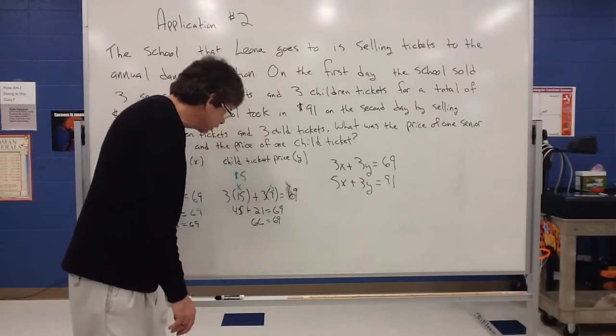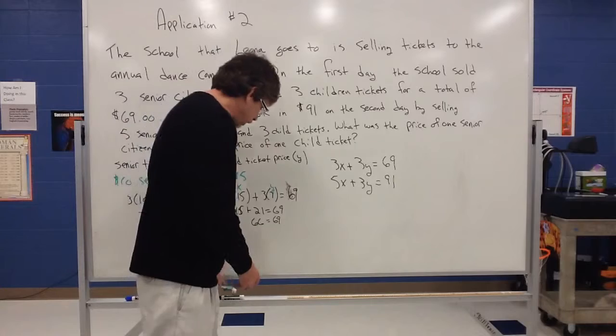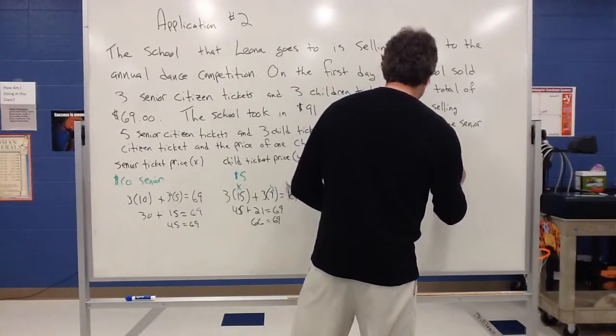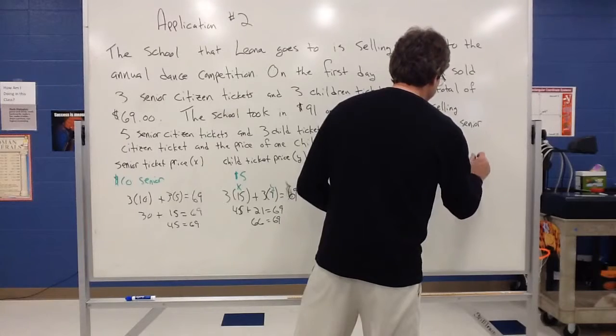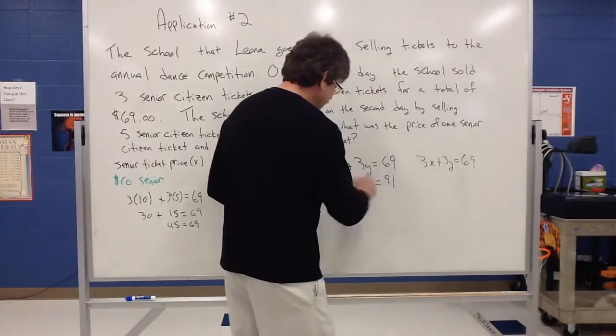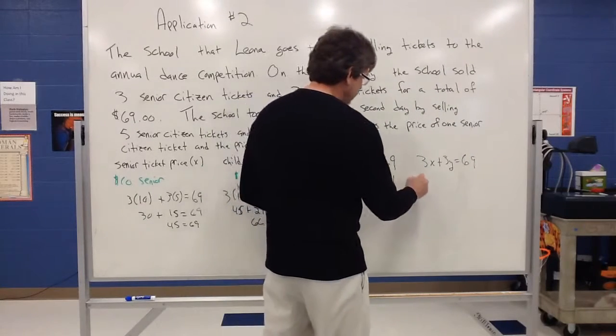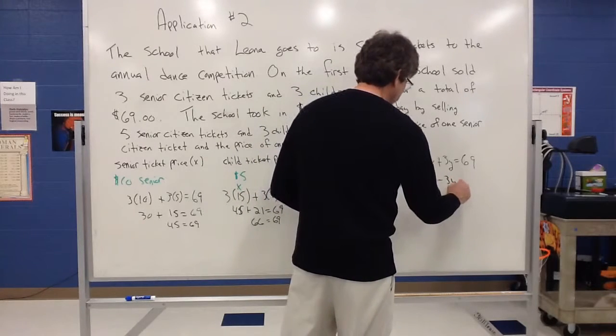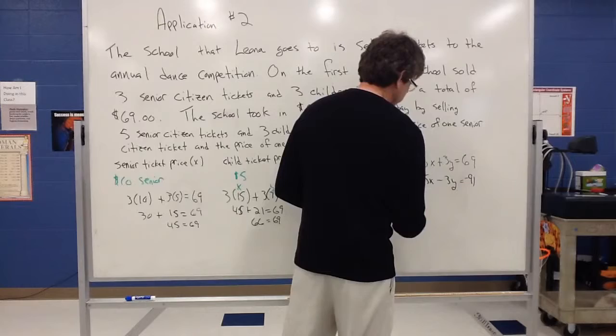And we can rewrite this as 3x plus 3y is equal to 69. And I can change all the signs by multiplying each side by -1. So negative 5x minus 3y is equal to negative 91.